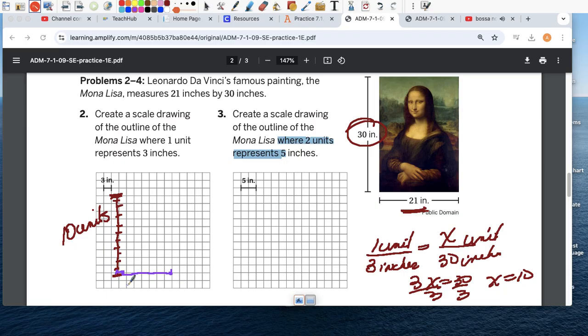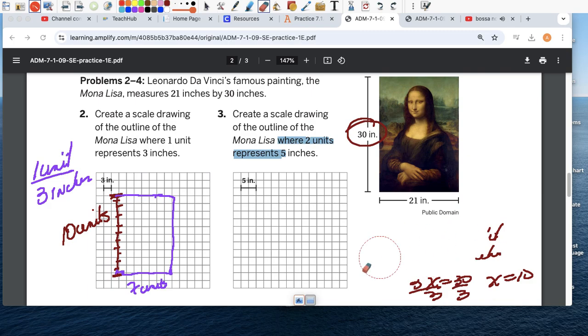And there, this is 7 units. So I'll just close this up. So there's our representation of the dimensions of this Mona Lisa using this scale, where 1 unit is 3 inches. Right?